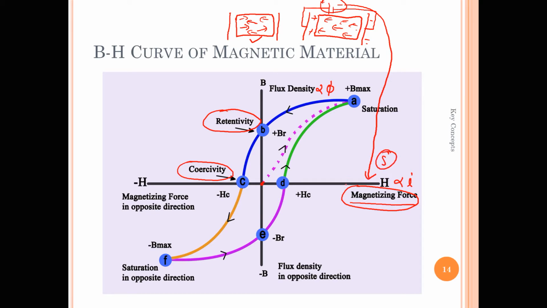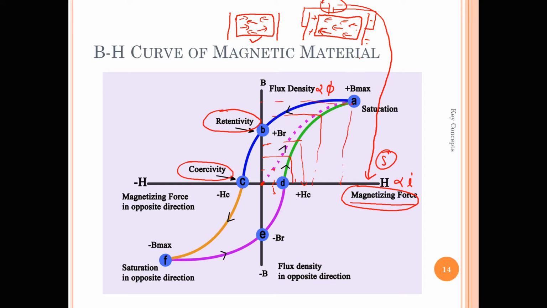Once we increase the value of H, we are basically increasing the current. While increasing the H value, these materials get magnetized and take on directions.